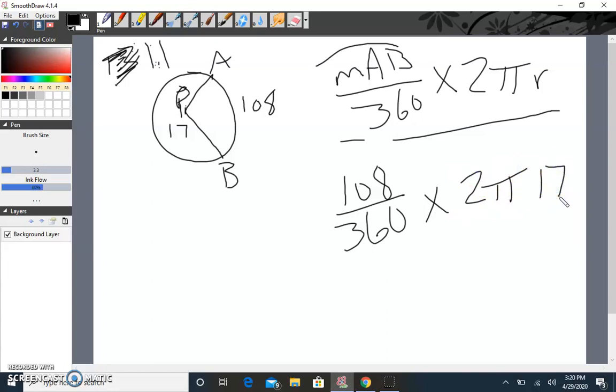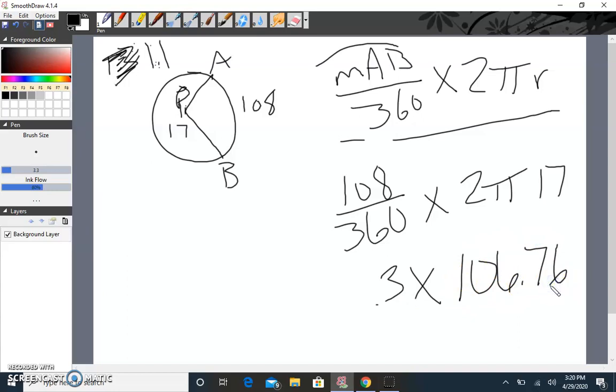So now we just got to figure out the calculations. 108 divided by 360 equals 0.3, and if we have 2 times pi, you can use the pi button or round off 3.14, times 17 gives us 106.76.